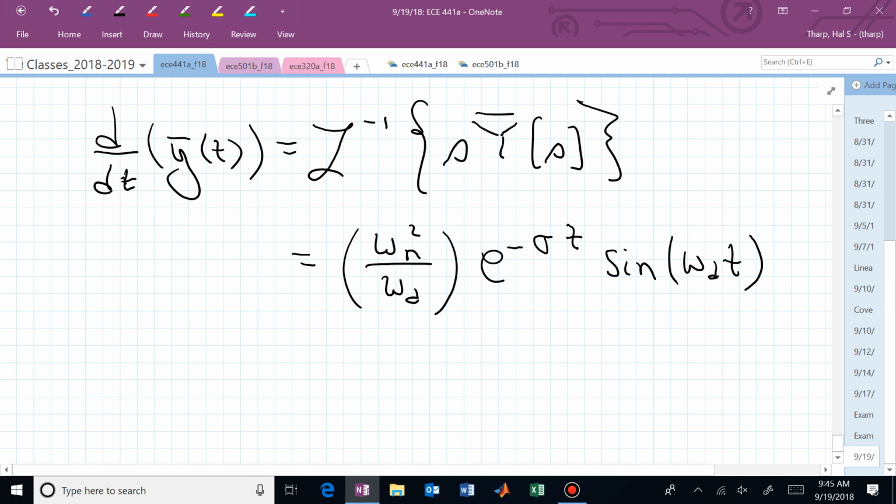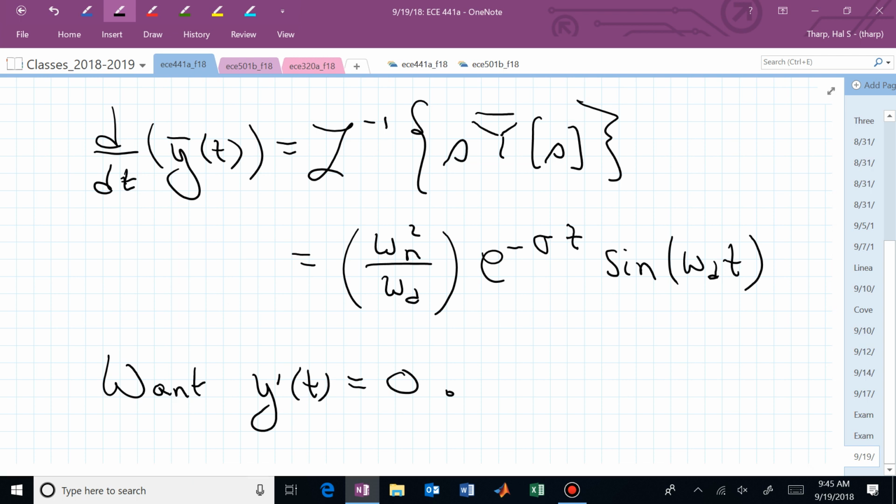What happens to that? We want this to equal 0. What do we know about omega sub n squared over omega sub d? That's just a number. That's not going anywhere. That's not going to go to 0, but we can divide it out.